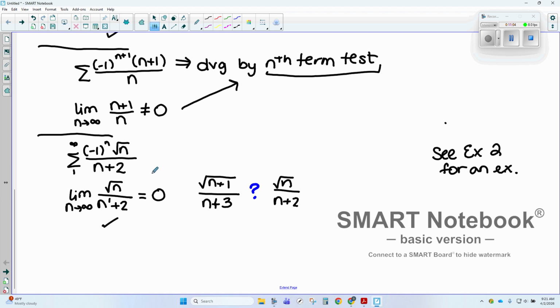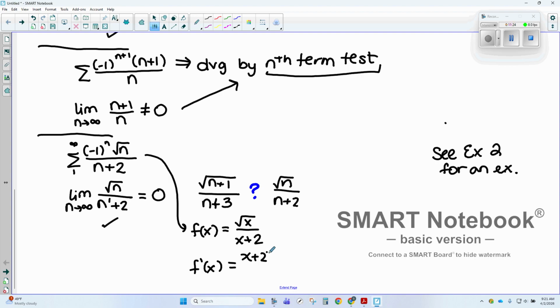Of course, that is another way that we are familiar with, especially if the function is not too ugly and nasty. We can say, well, I'm going to take the derivative of this and hope that the derivative is negative. And if it is, then I do know that I have a decreasing sequence.